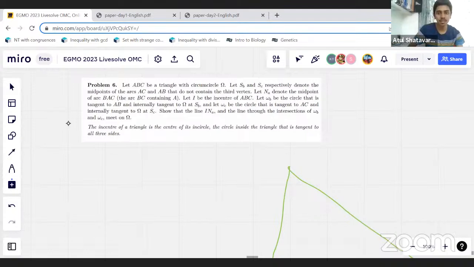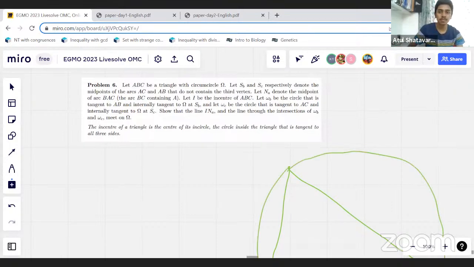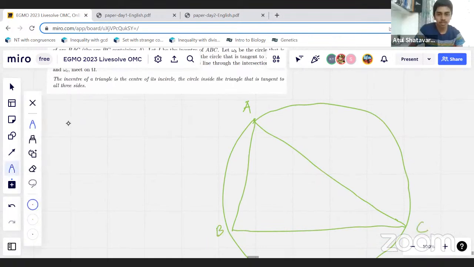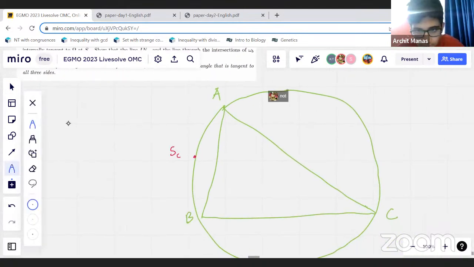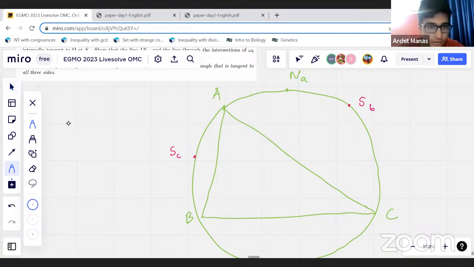It's fine, I know how to draw perfect circumcircles. Well, we'll see. That's almost perfect. And I'll just draw SB, which is the midpoint of arc BSC, so it's like here. This is SC. This is S. Also, NA is just irrelevant, it's just for mixed linear attachment. Okay, let's just still keep it. You never know when it might come.